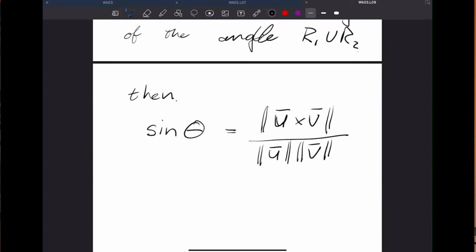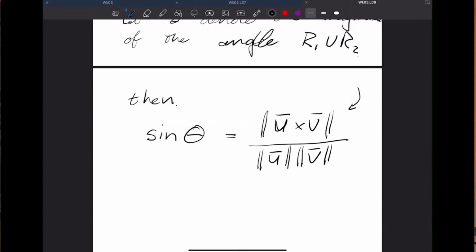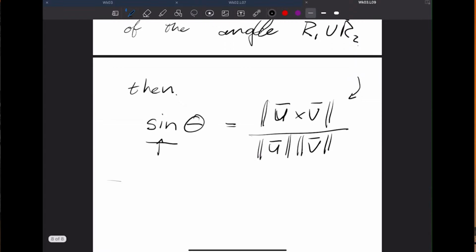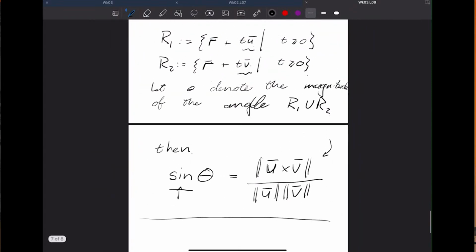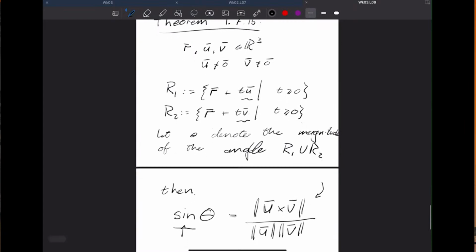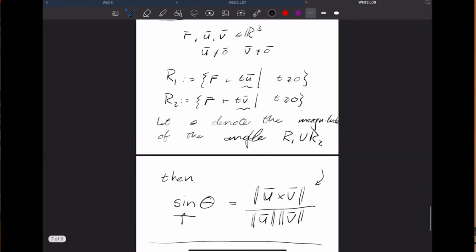So it looks almost like the definition of the magnitude of the angle, except we take the norm of the cross product, and instead of the cosine, we take the sine. So that is the relationship between the magnitude of an angle and the cross product.